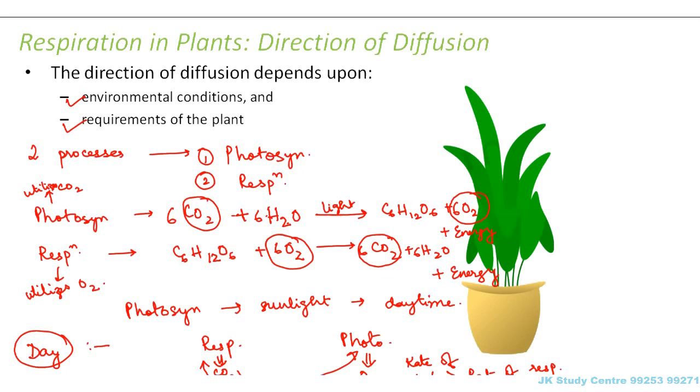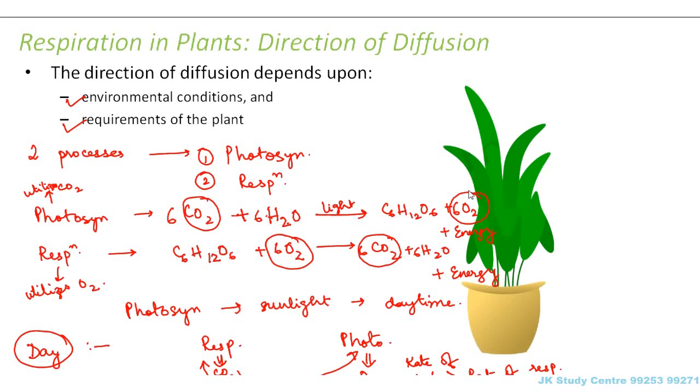Right? Now, if the net production of oxygen is more, then what will the plants do with that oxygen? They will throw that out. So during the daytime, photosynthesis will produce more oxygen than required by respiration. Whatever is required by respiration will be utilized, but the remaining amount of oxygen will be thrown out.